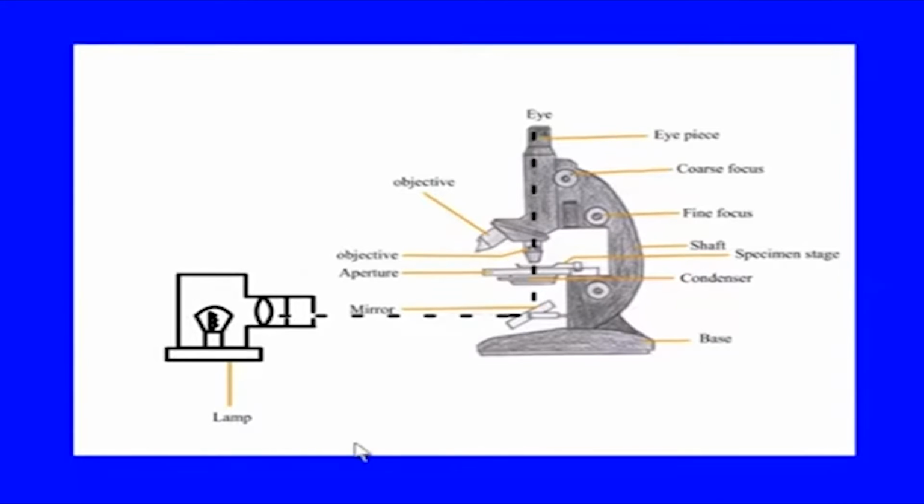Now, as we go along with the different components of the microscope, the first thing is the light source, a uniform bright light source, which is placed either externally as shown here, or it could be mounted in the base of the microscope right below here. Now, there is another lens system, the condenser lens system, which collects the light from the light source.